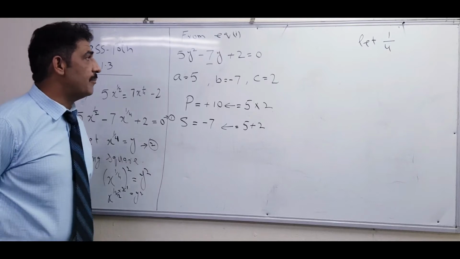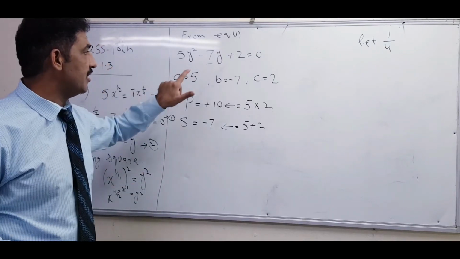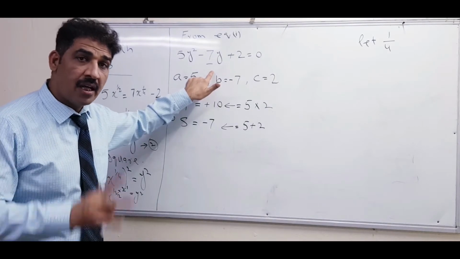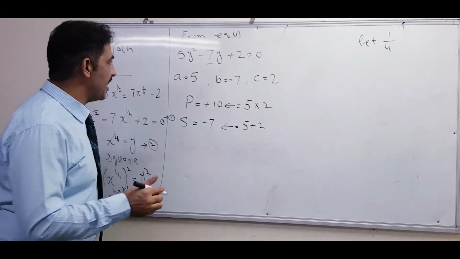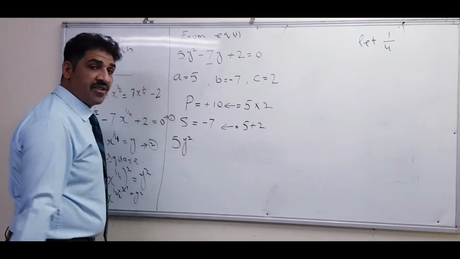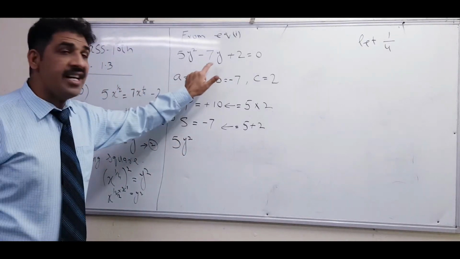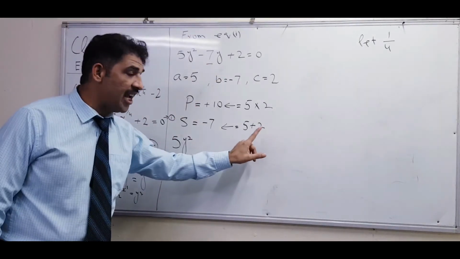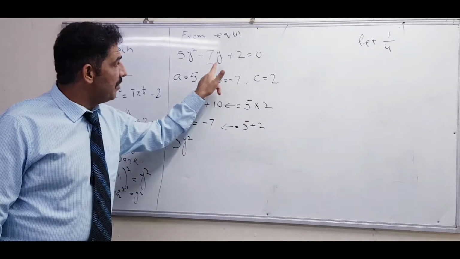When both conditions are satisfied, how do we solve this? This central term, make it into how many parts? Two parts. The first term will remain the same, 5y square. The second term, we will make into two parts. So which two parts? 5 plus 2. The variable will be the same.